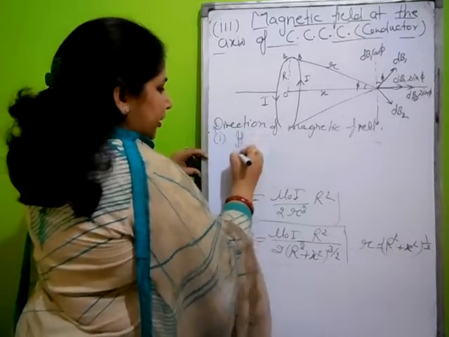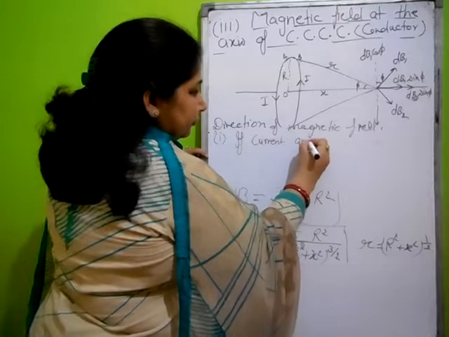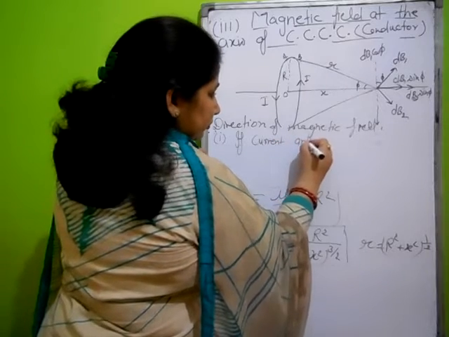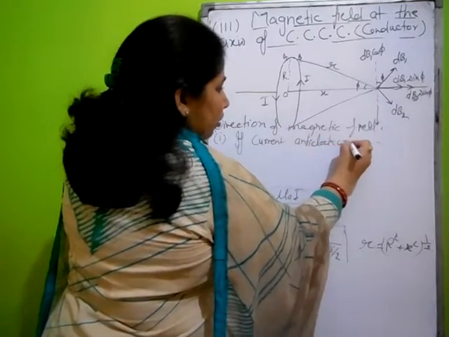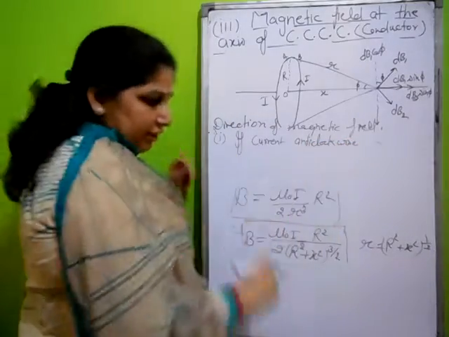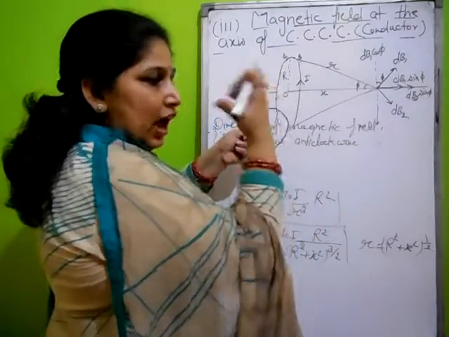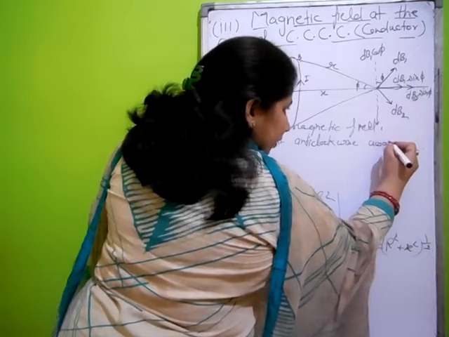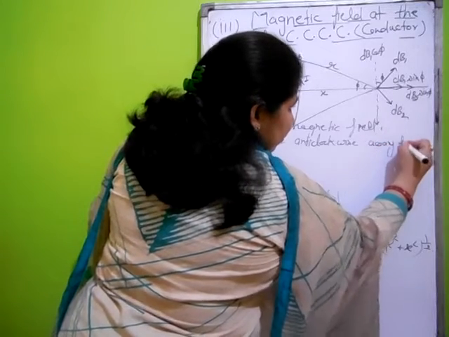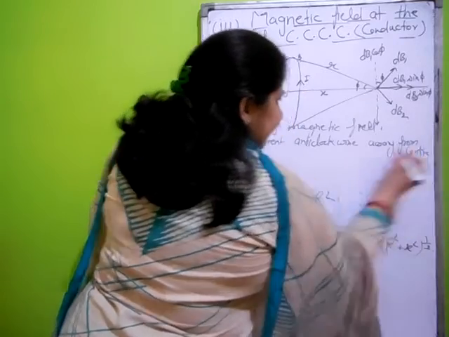First, if the current is anti-clockwise, then the field is outward from the center, or away from the center.